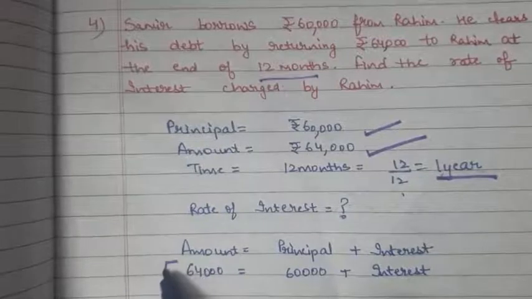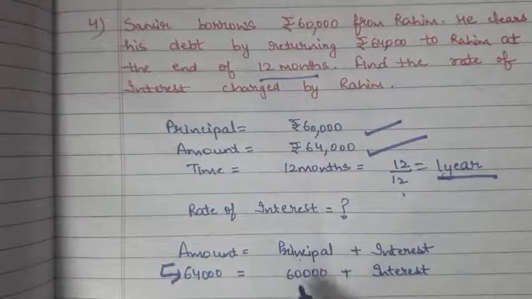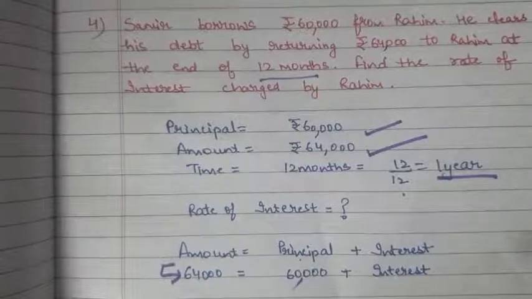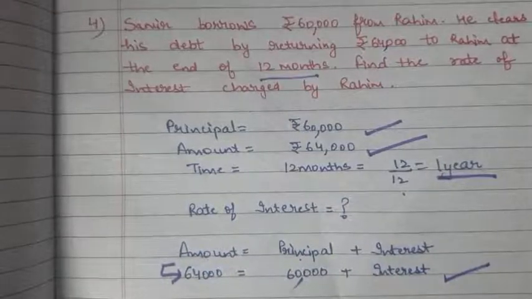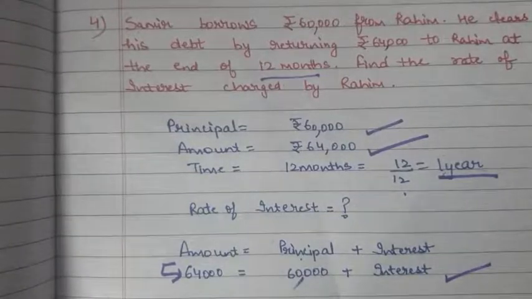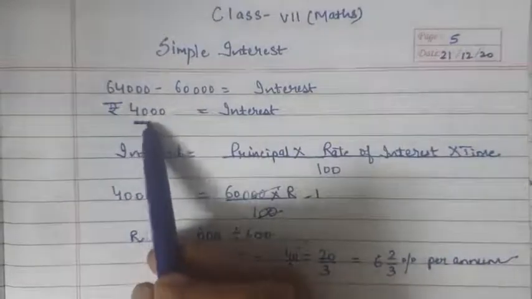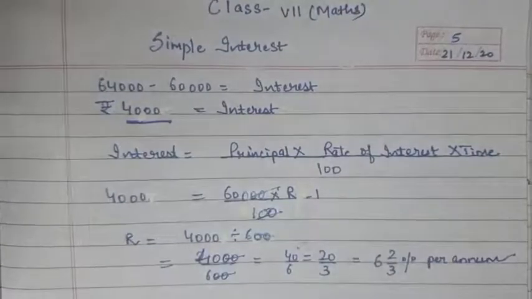Amount we know, that is 64,000. Principal, that is 60,000, plus interest. Now from here we will find interest first. So the interest we got, that is 4,000.